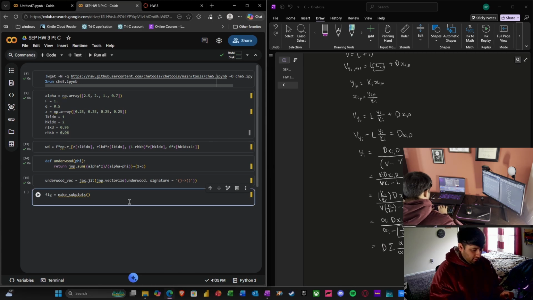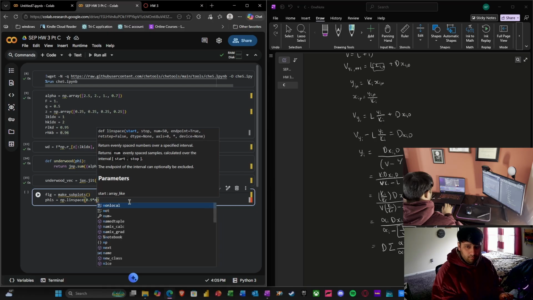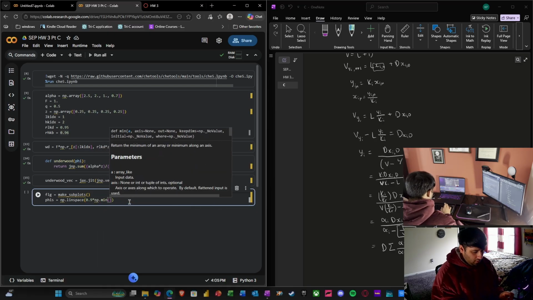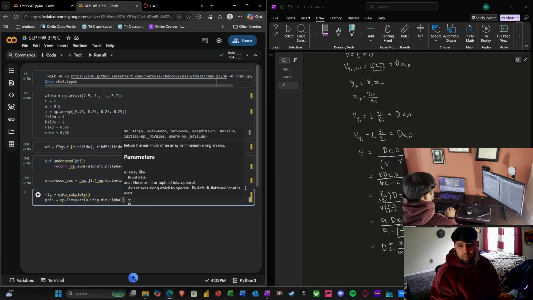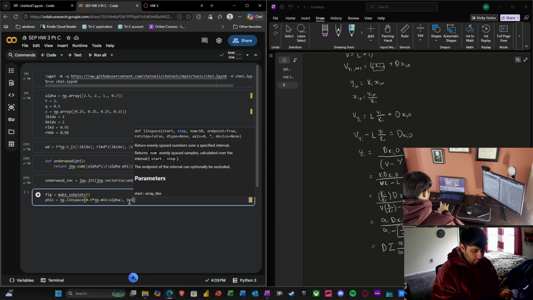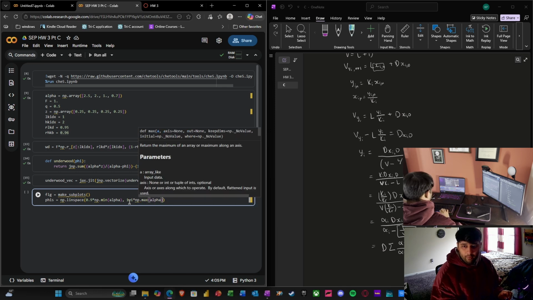Next, we're gonna go ahead and define our phi's, which is np dot linspace 0.9 times np dot min of alpha, and then we got 1.1 times np dot max of alpha.